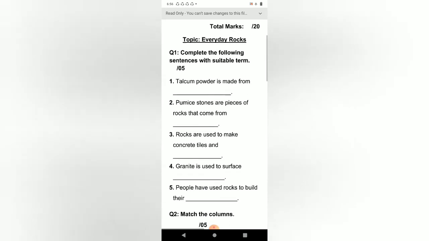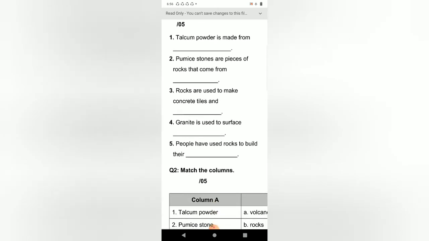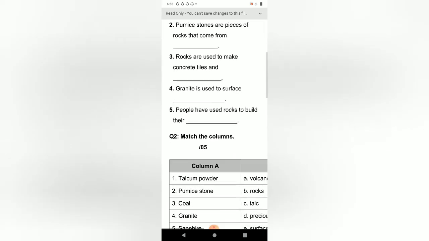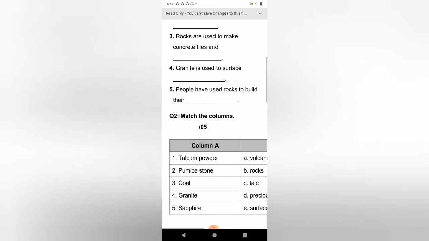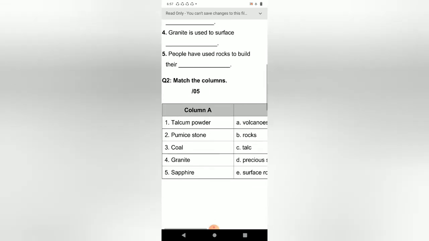Pumice stones are pieces of rock that come from volcanoes. Rocks are used to make concrete, tiles and cement. Granite is used to surface roads. People have used rocks to build their houses.